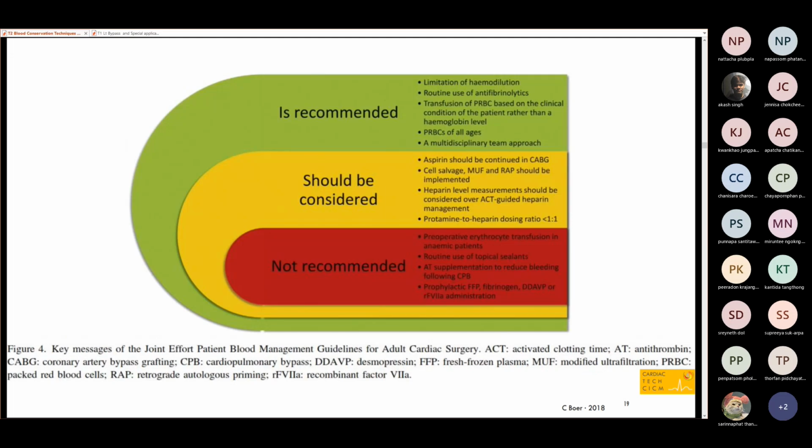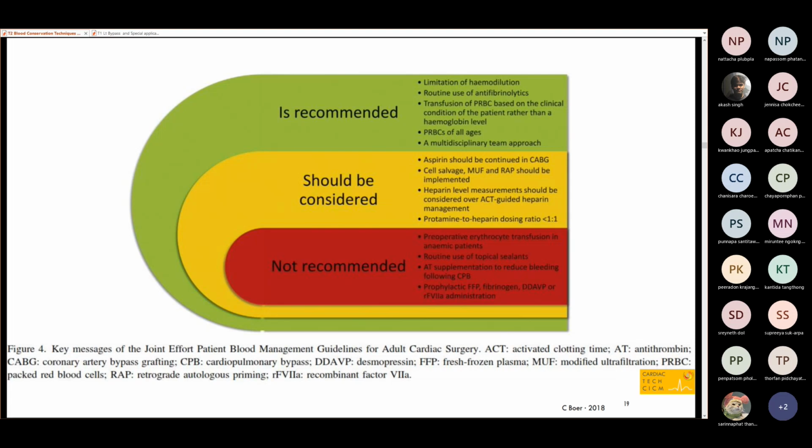This is the guideline, also the same guideline from 2017. So for the recommendations, we can focus on the green line here, like limitation of hemodilution. We're going to make the circuit shorter than usual, so it's going to preserve against hemodilution.